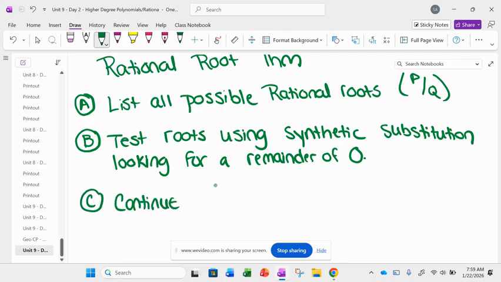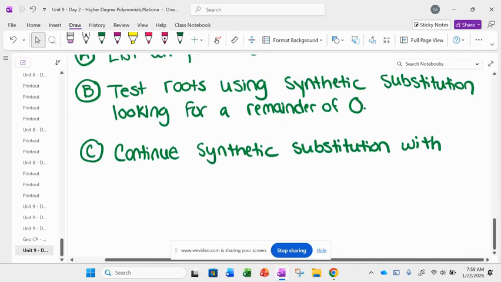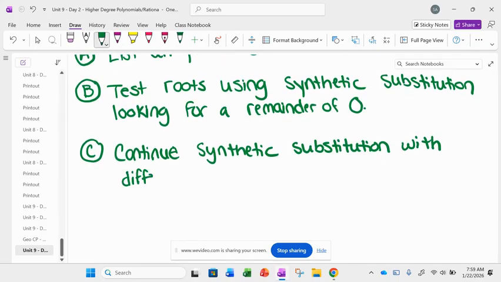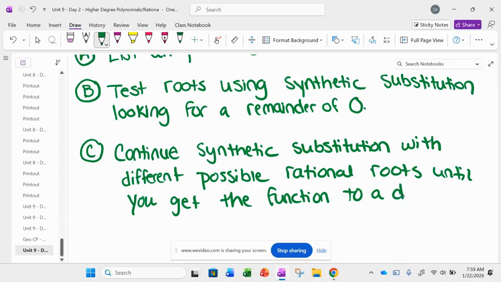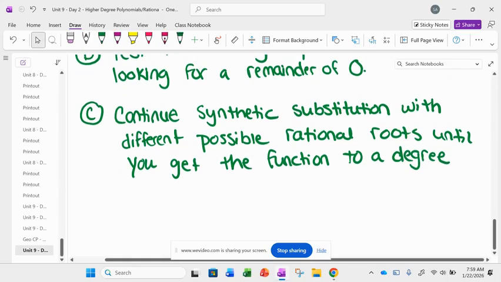Continue synthetic substitution with different possible rational roots until you get the function to a degree of 2.